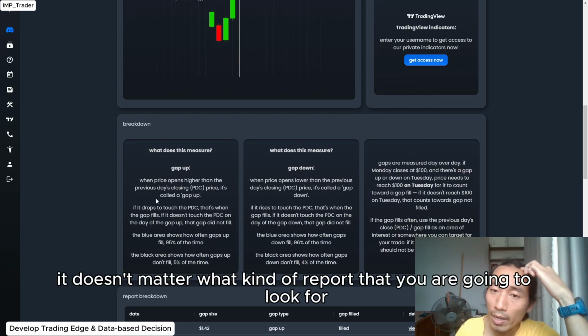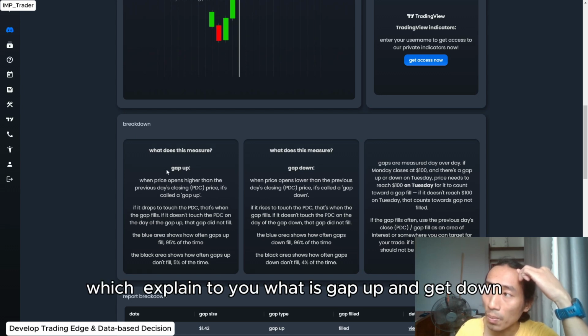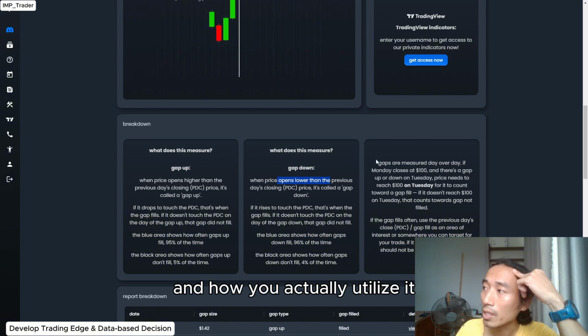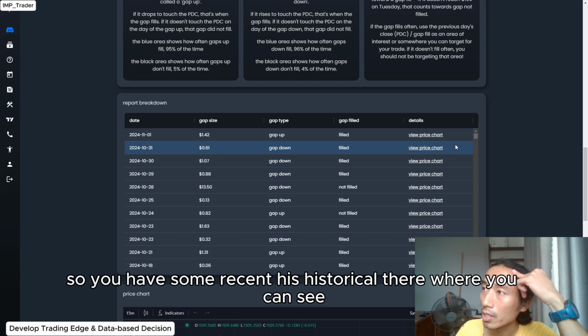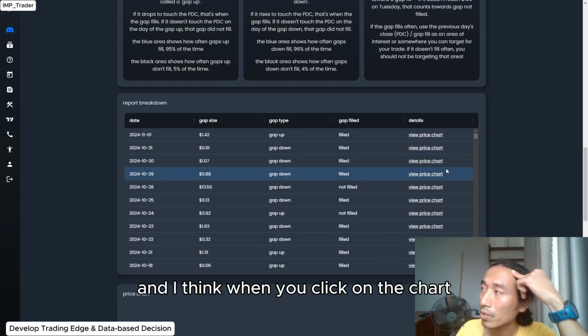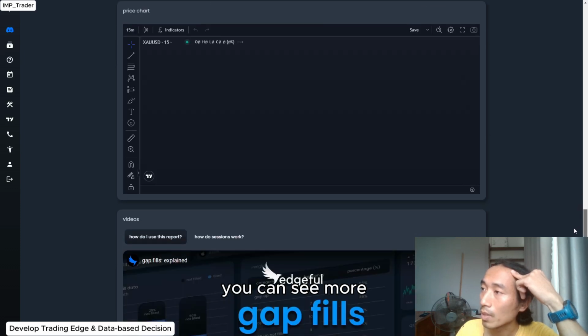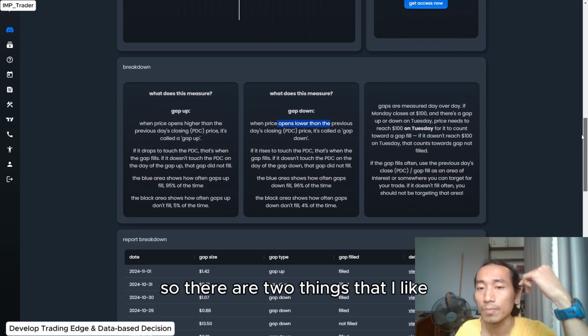It doesn't matter what kind of report you look for in this app, they have this section which explains what gap up and gap down are, and how you can actually utilize it. You have some recent history there where you can see, and I think when you click on the chart, you can see more. There are two things that I like.